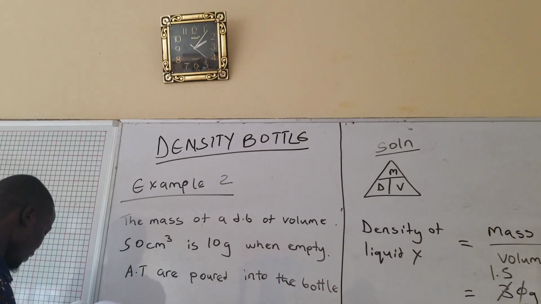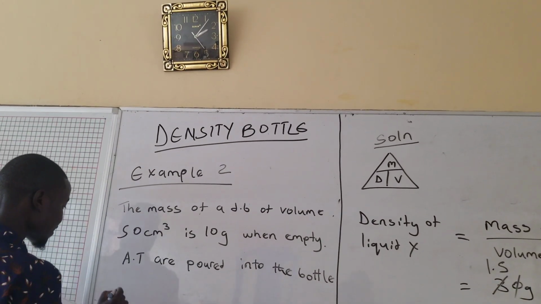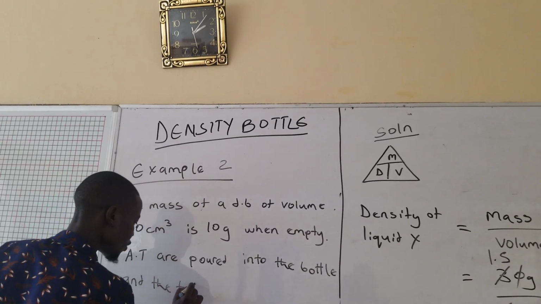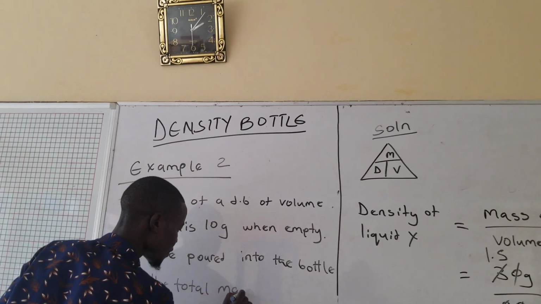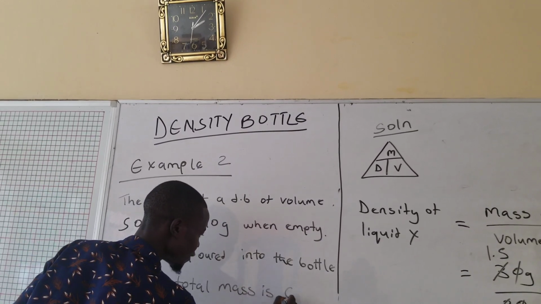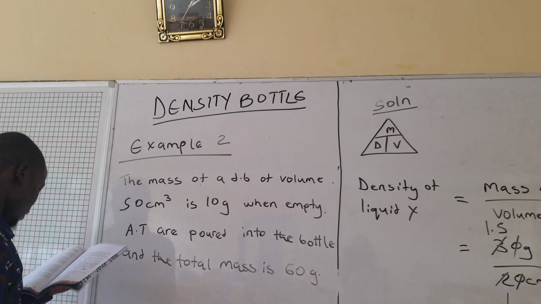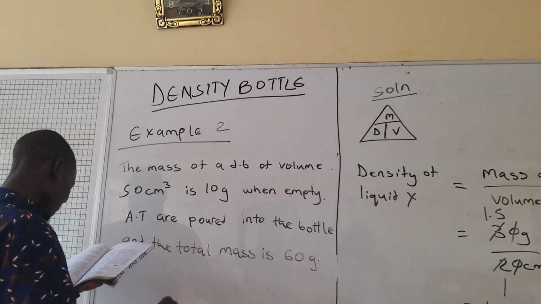Aluminium tannings are poured into the bottle, and the total mass is 60 grams. Water is then added into the tannings.